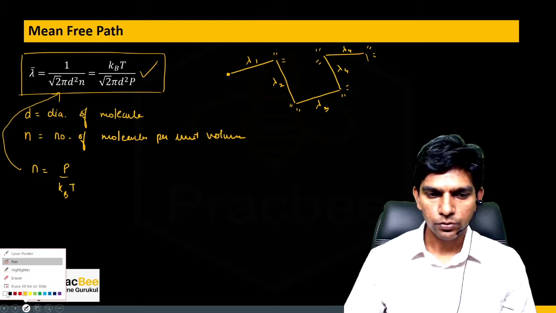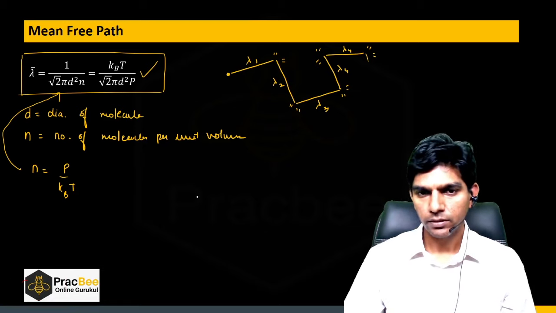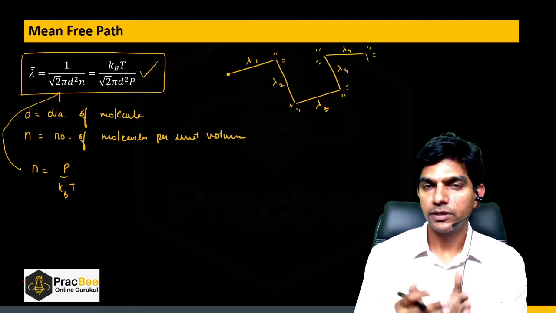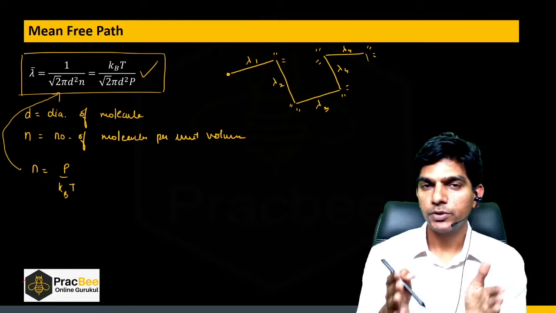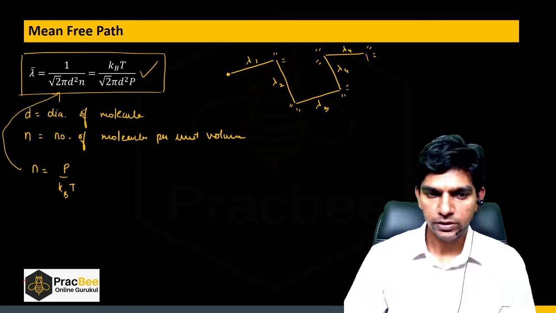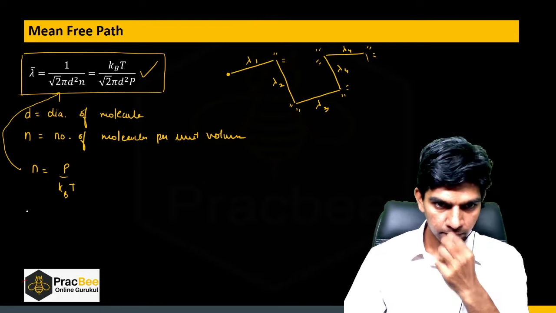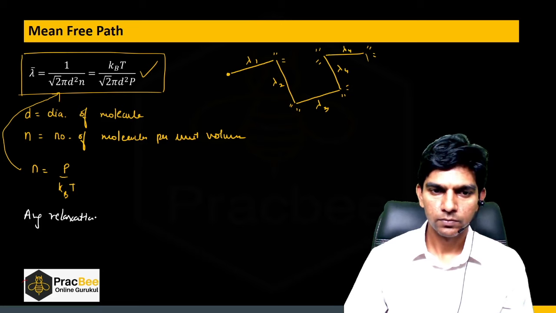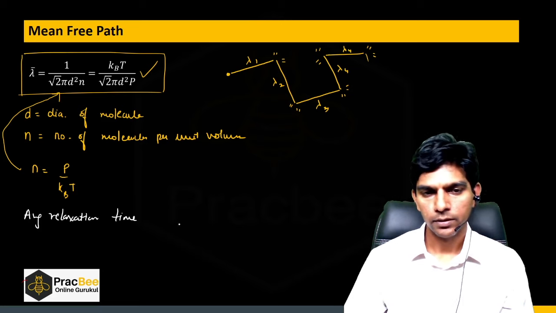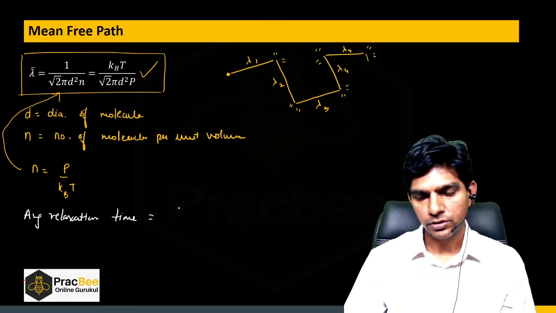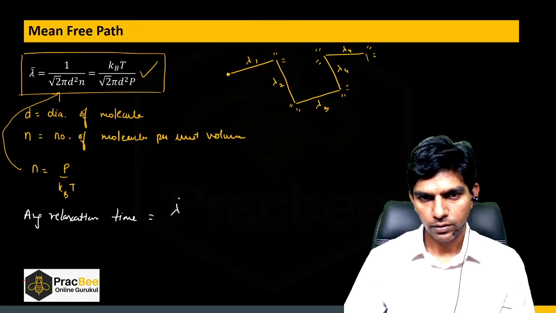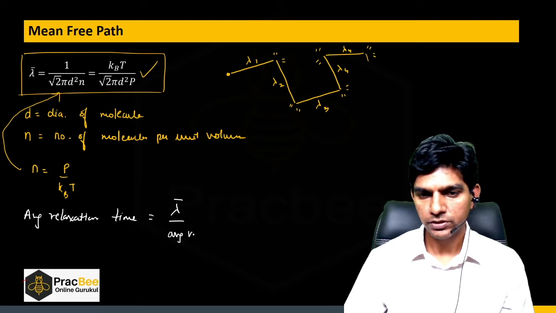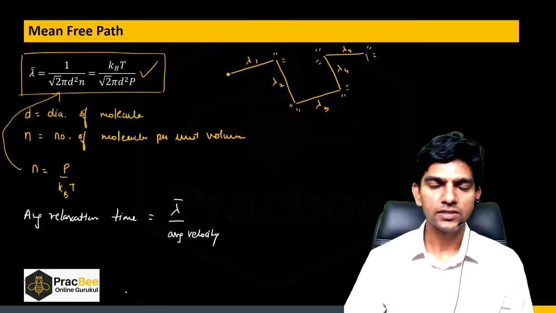And suppose I want to find the average relaxation time. So what is average relaxation time? The time interval between successive collisions. Now this average relaxation time is mean free path divided by average velocity of gas molecule.